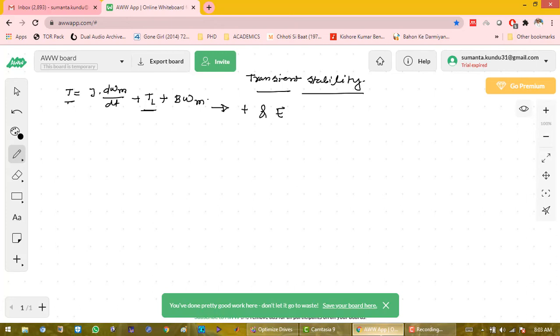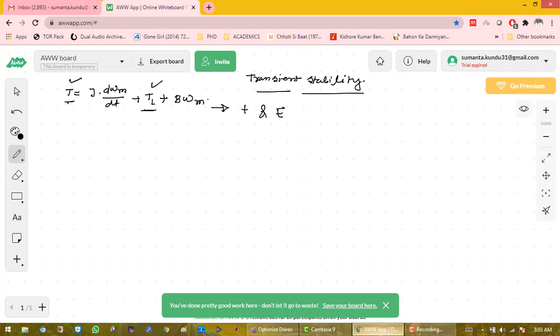If not, meaning if T and TL are neither constant nor proportional to speed, then it is a non-linear differential equation, and then we have to use numerical methods. We can use the Runge-Kutta method.